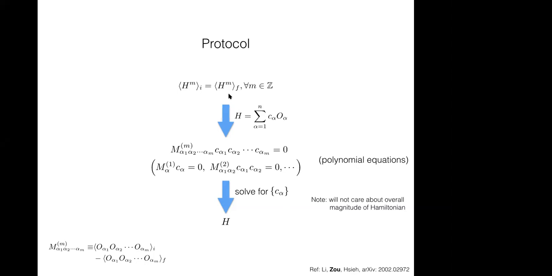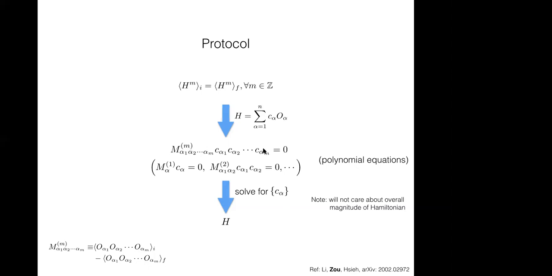Oh, m is the exponent. Is the mth power, like the mth moment of the Hamiltonian, preserved? Yeah, thanks. Let me clarify. So for each power m, I have a separate equation with a coefficient that has a superscript labeled by m. Does it answer your question?